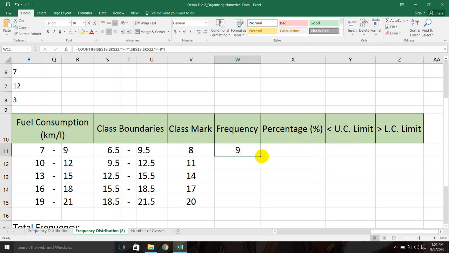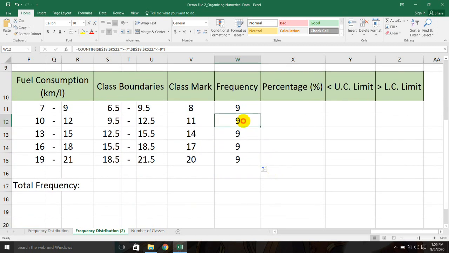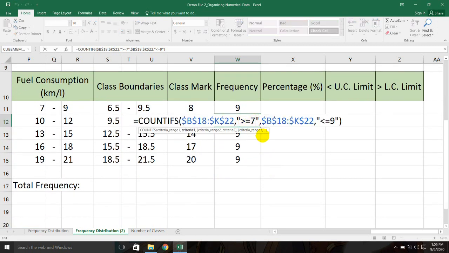By using the absolute reference, we can now copy-paste this formula. Of course, the values are still wrong because we need to change our formula. A while ago it was 7 to 9, but this time it's 10 to 12. So this is it, 10 to 12.